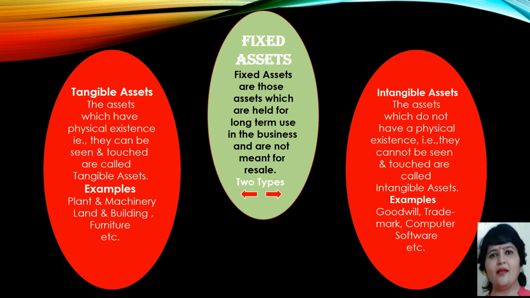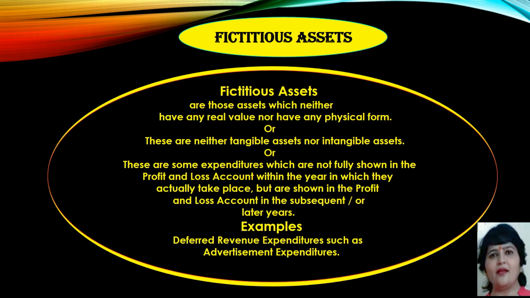And the last type of asset is fictitious assets. Fictitious assets are those assets which neither have any real value nor have any physical form. Slightly difficult to understand, please pay attention. Fictitious assets are those assets which have no real value. In the present, there is no value, and they don't have physical form also.